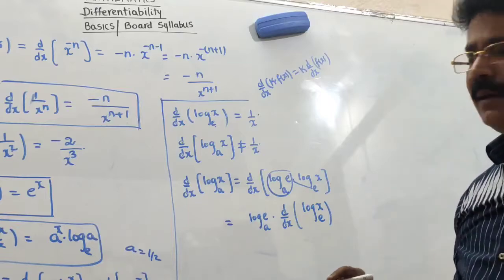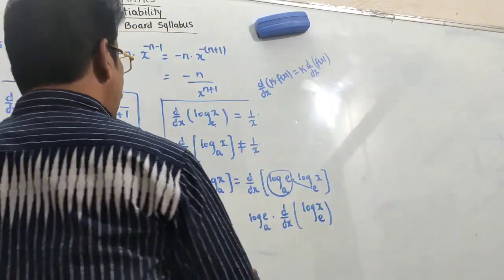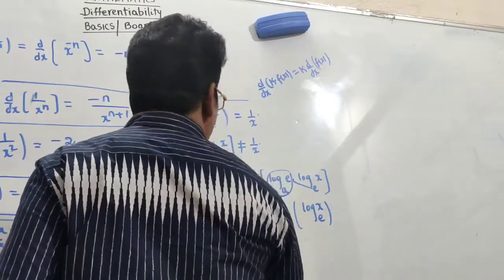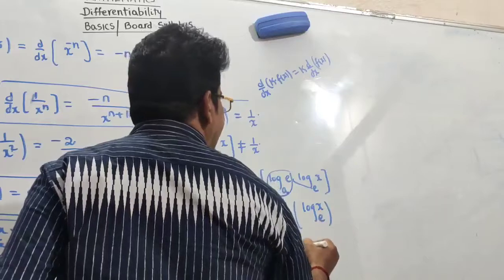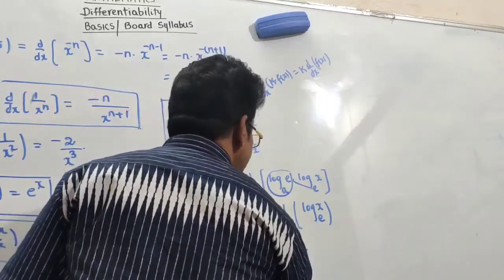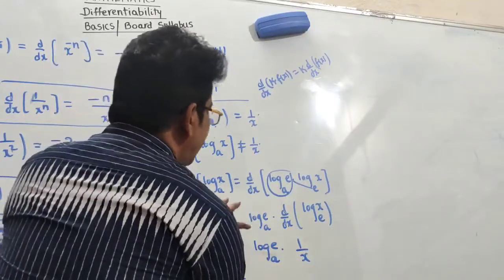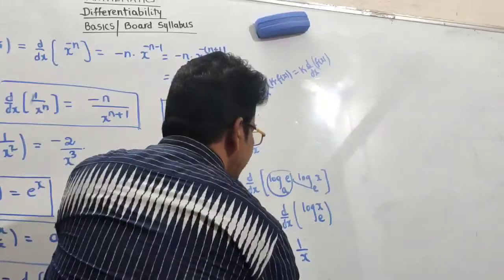Now it is in the form of a well-known formula. d by dx of log x base e is clearly 1 by x. So it can be written as 1 by x into 1 by log a to the base e.